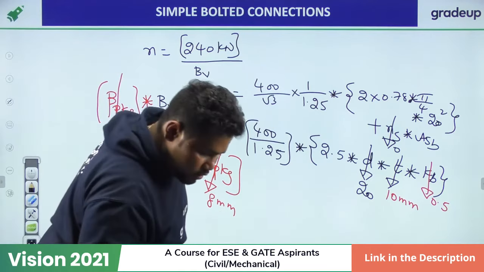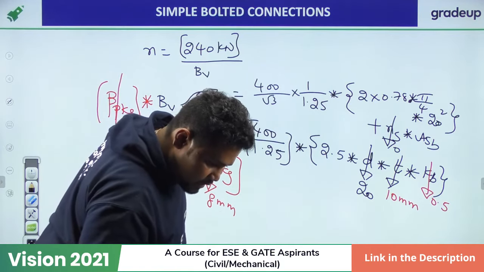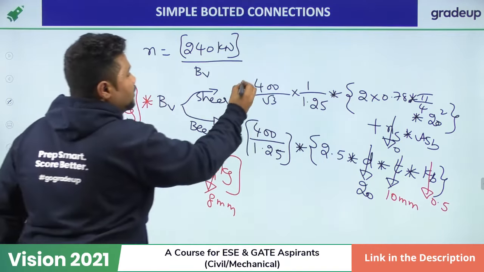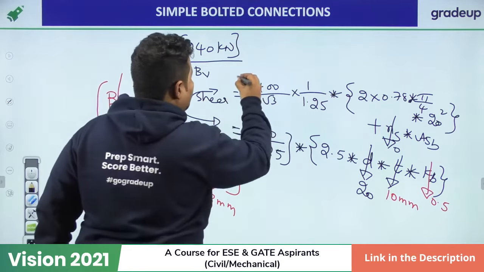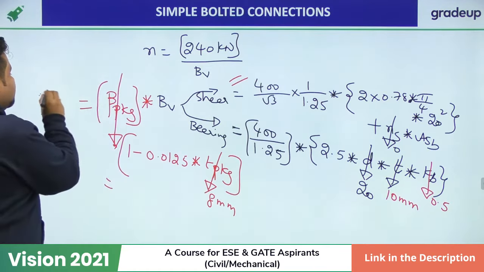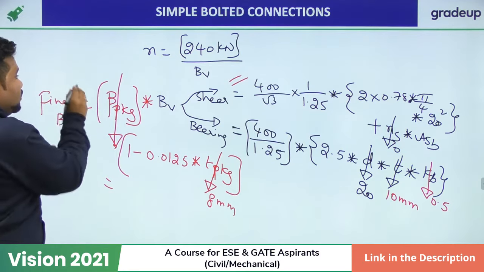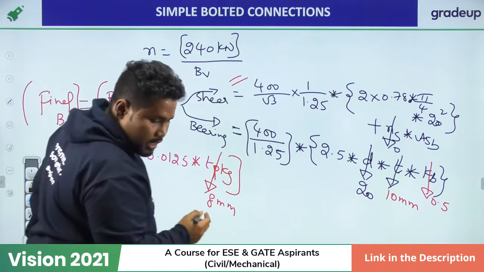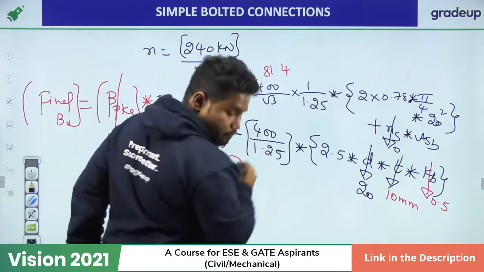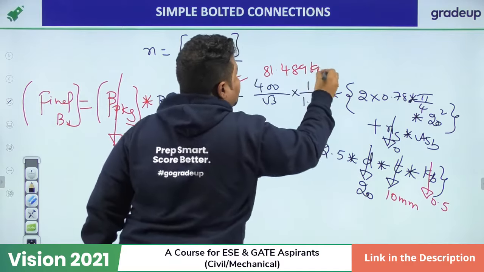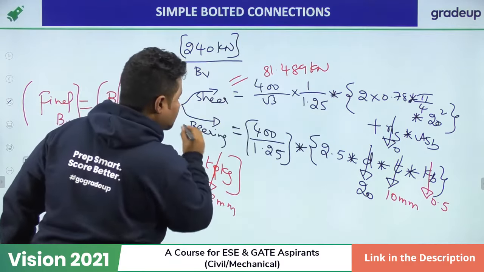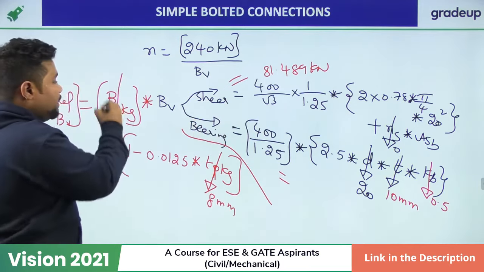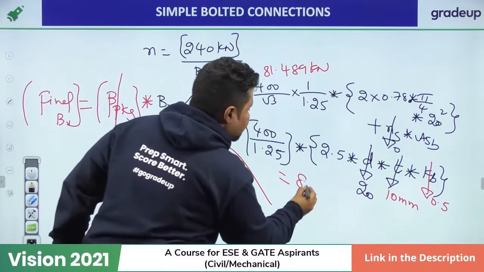If I work out beta pkg, of course some value will be there. This value is multiplied by the shear value. So the final bolt value for shear mode, beta pkg multiplied by shear, is 81.489 kilonewton, whereas in the bearing mode, the actual bearing value multiplied by beta pkg, if you work it out, is 80 kilonewton.